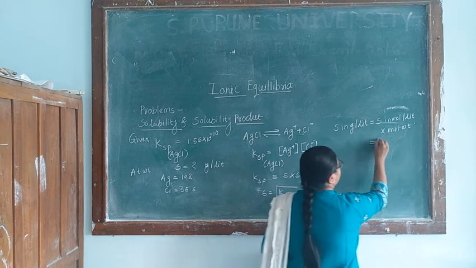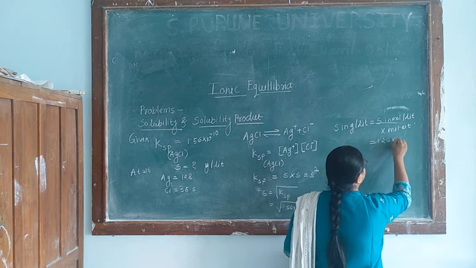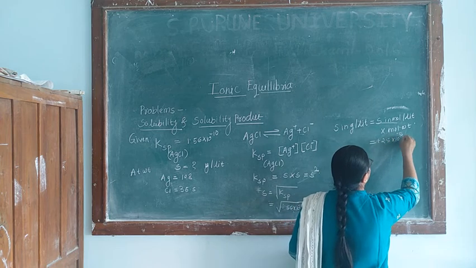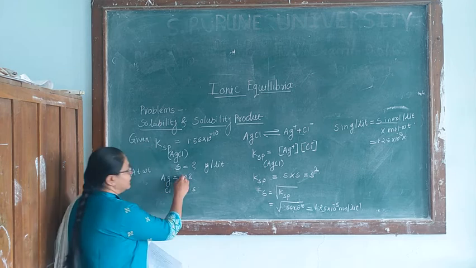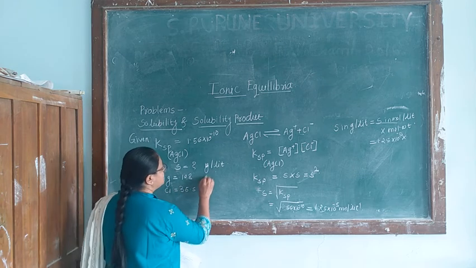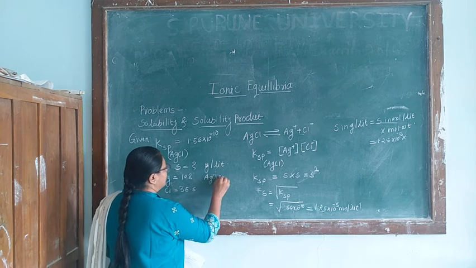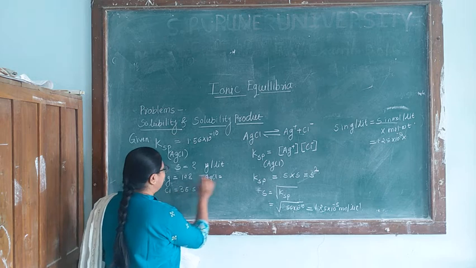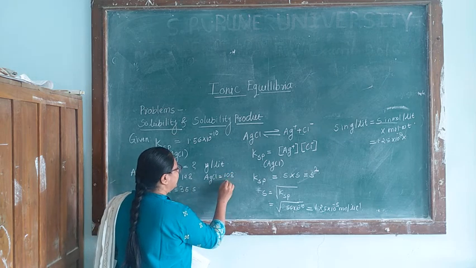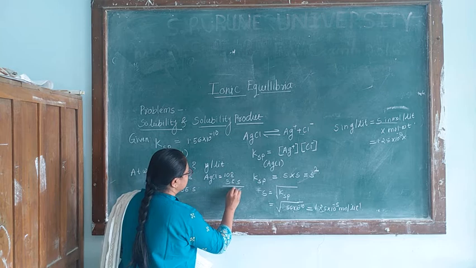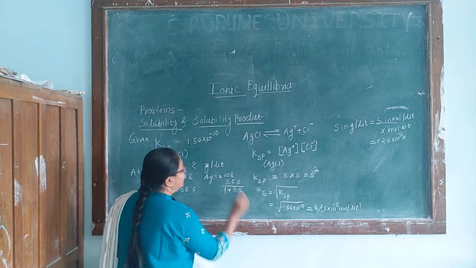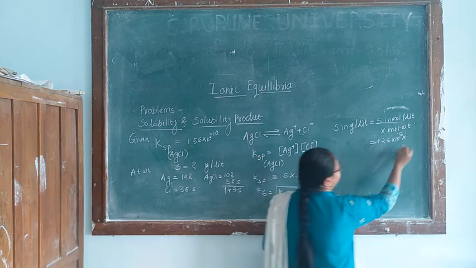We know the solubility in moles per liter. Calculate it. The molecular weight: here the atomic weights are given. So silver chloride, only one ion is present, so 108 plus 35.5, that means 143.5.